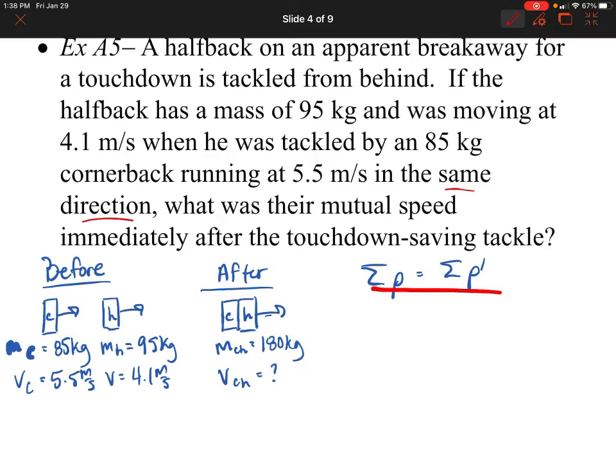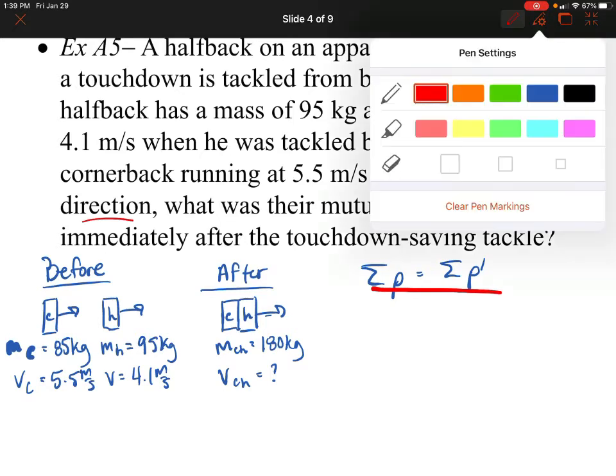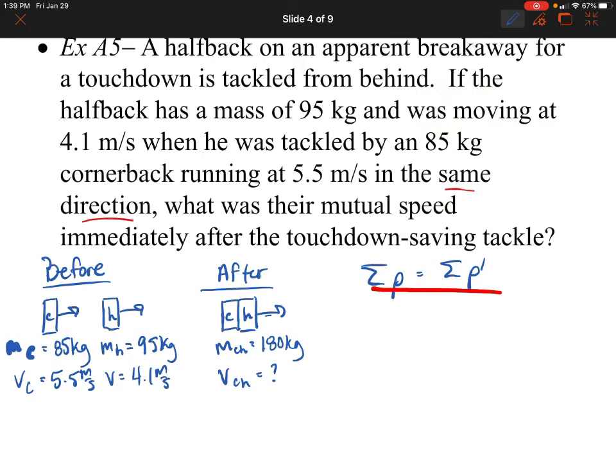So it is really important when you're doing this kind of question to actually write that, because that's what you're communicating to the person reading your work. That's kind of what we do in physics. We still try to communicate as efficiently as possible, which is why we don't write words down. But by writing these symbols, you're saying, I know that this is a conservation of momentum question.